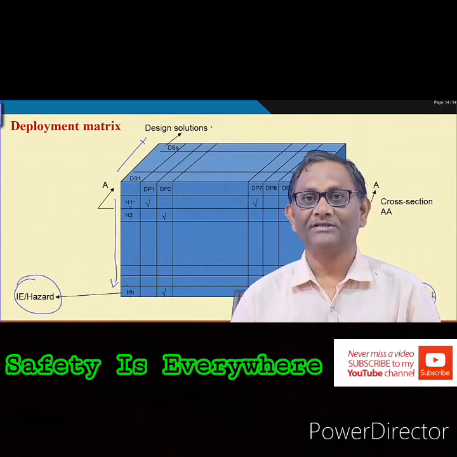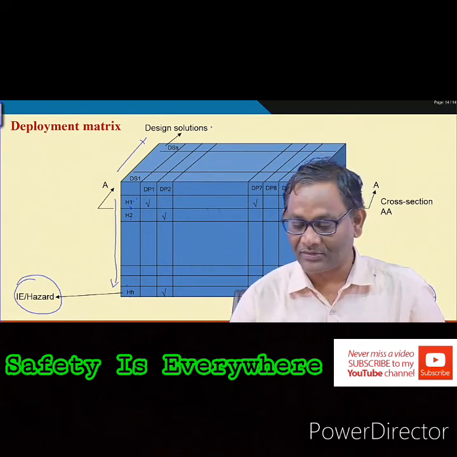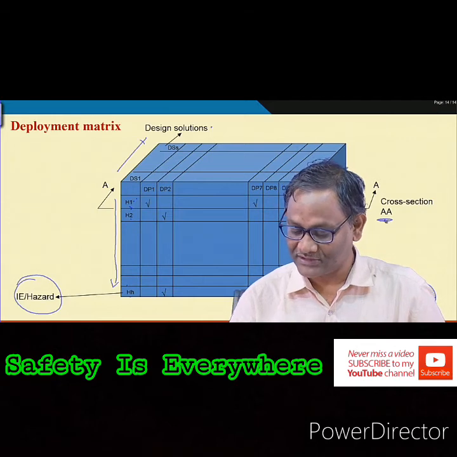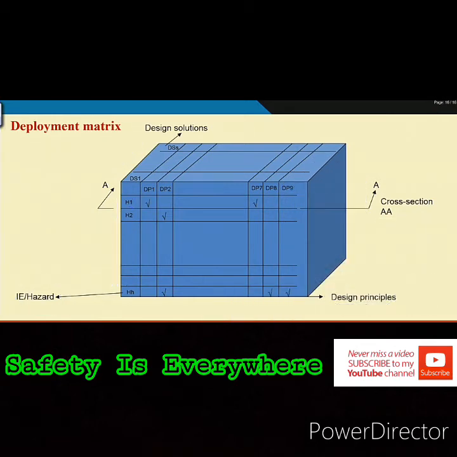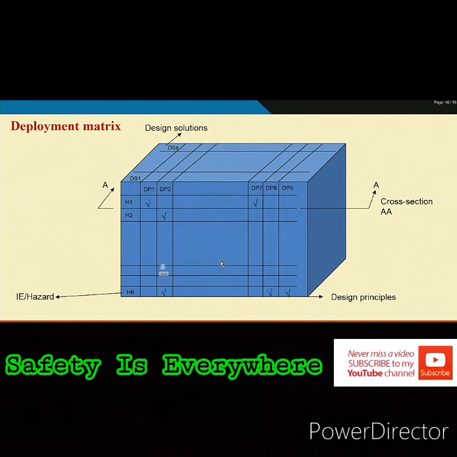Let us see this. Let me take a cross section and how it will look. It will be something like this. Here in this particular slide, for H1, DP1 and DP7 are applicable, so DP1 and DP7 related design solutions will be there.